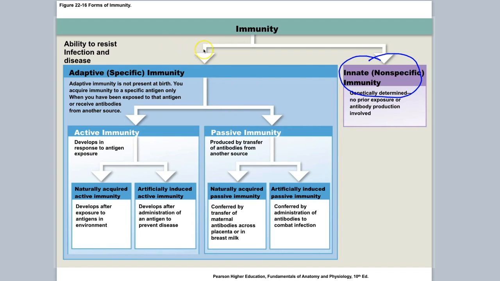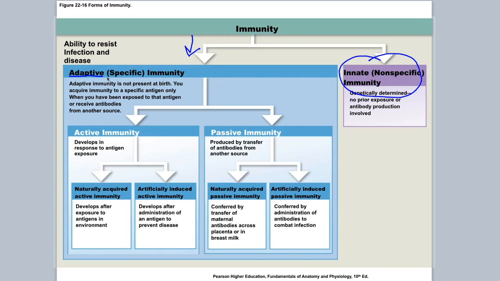Now, this side over here, this is our adaptive immunity. This is what we acquire. We can also call this our acquired immunity. This is what we acquire throughout our lives. You know how little babies don't have a very strong immune system, and one of the ways they get their immune protection is from their mother.